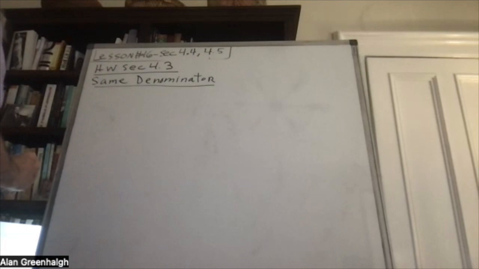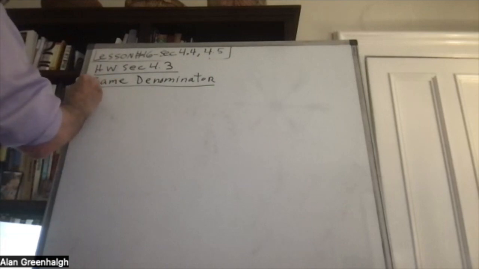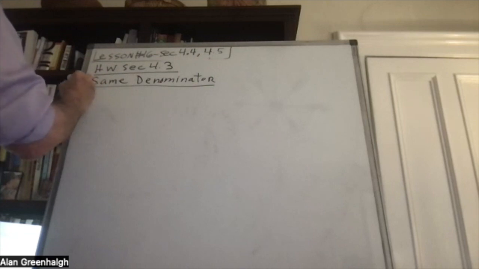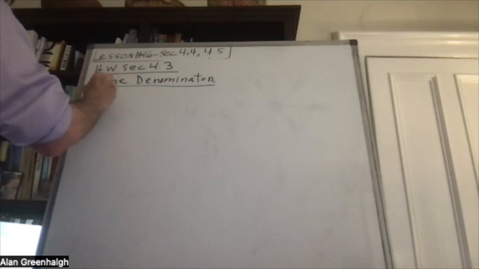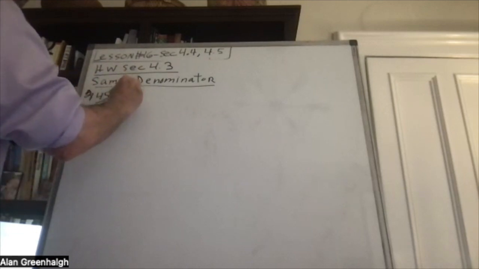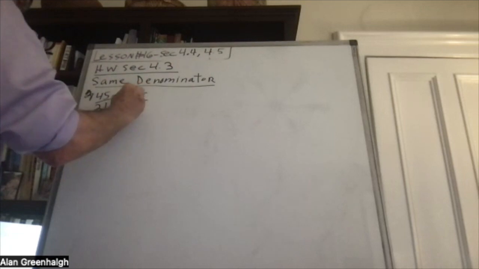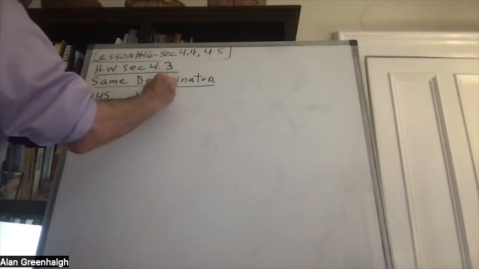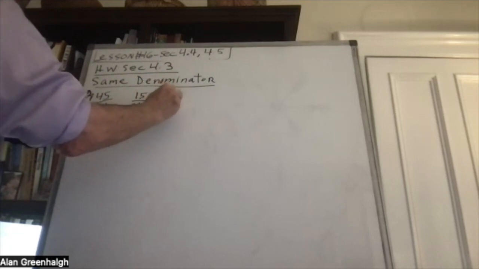Problem L, apparently, 2L, on page 45. And the problem is 15 over 4x minus 3 over 4x.